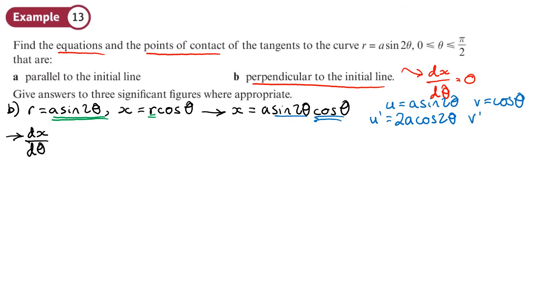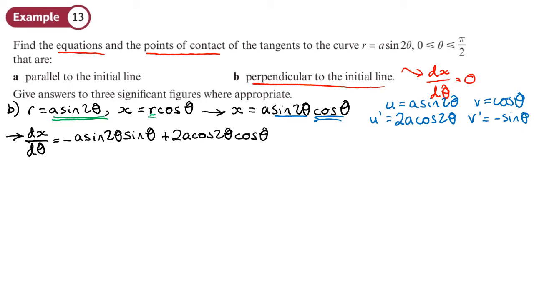My v dash will be negative sine theta. So dx d theta is going to be u v dash, so that's going to be negative a sine 2 theta sine theta, and then plus v u dash, so that will be 2a cos 2 theta cos theta.